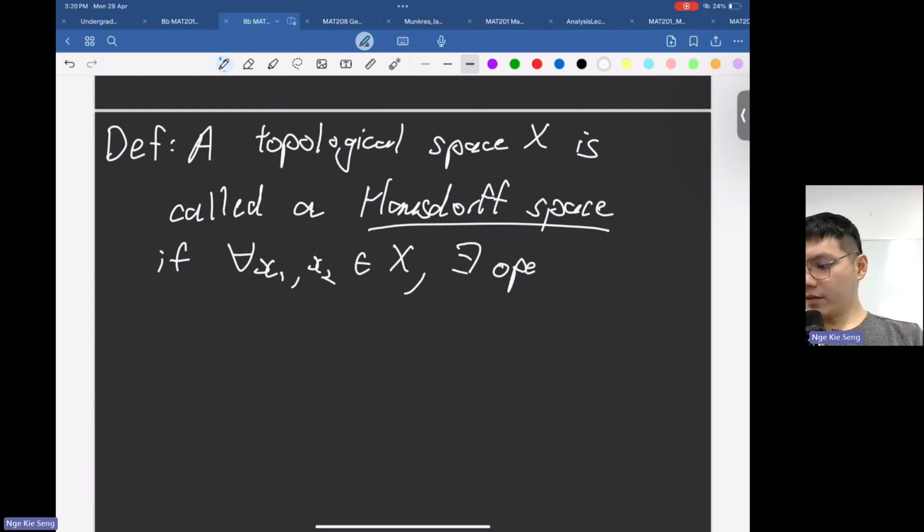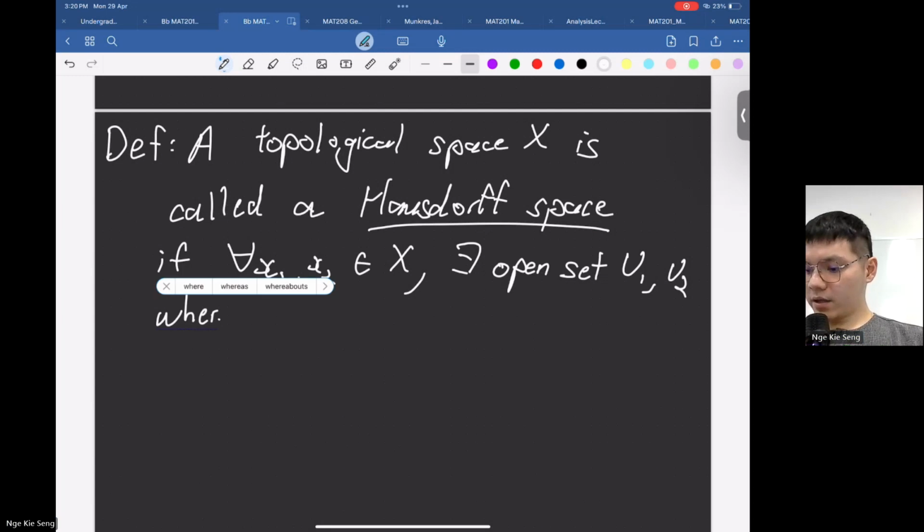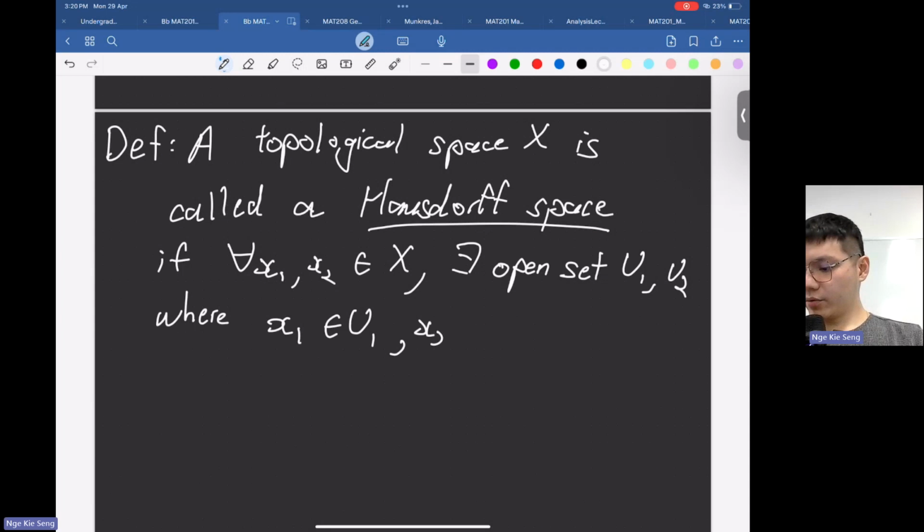let's say we put open sets first. Tomorrow we will introduce a notion of open interval neighborhood. So there are open sets U1 and U2 where x1 is in U1 and x2 is in U2 that are disjoint.